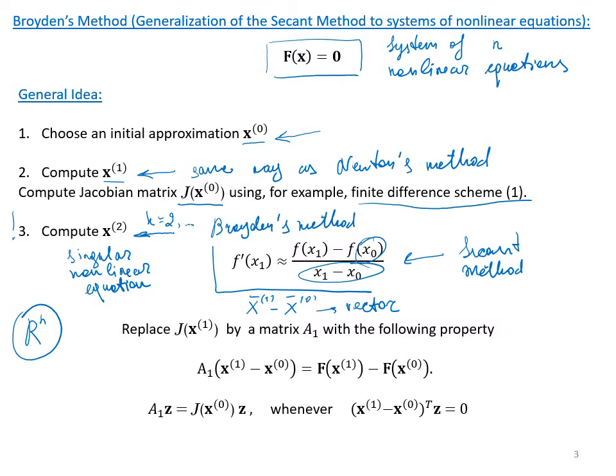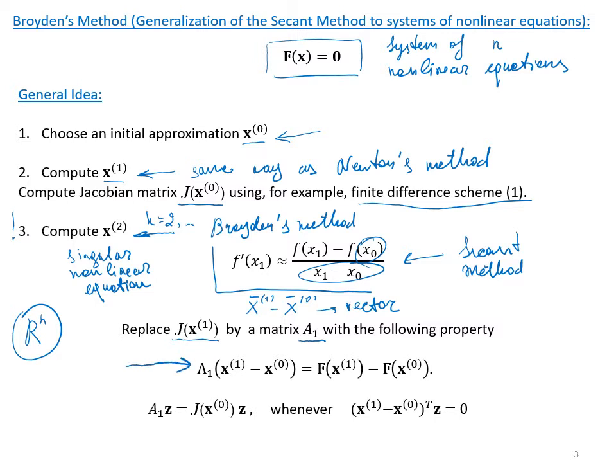So in our case, we replace our Jacobian matrix by matrix A in a similar way to how we did for a single variable, but here we just deal with vectors.